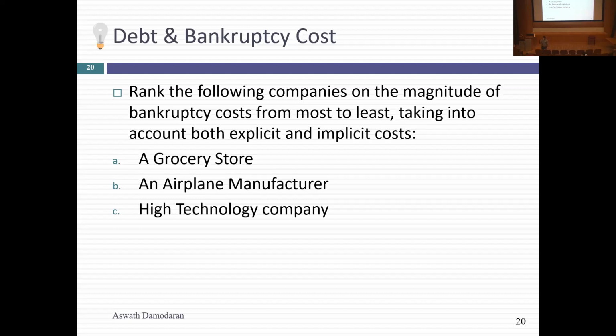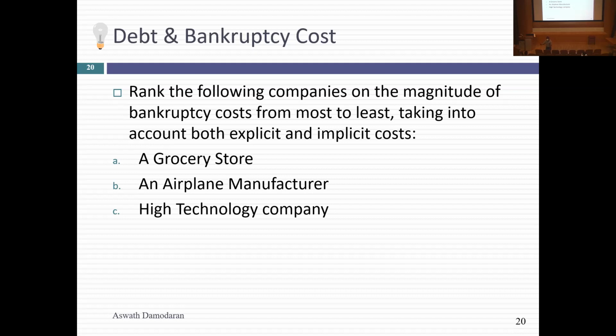So if I were to rank these companies, I would put grocery stores as having the least indirect bankruptcy costs. You should expect grocery stores to borrow more money than an airline, even if the numbers look exactly the same. Technology is in the middle, depending on what kind. Some kinds of technology might not care. When you call your Uber, I don't think I've ever checked whether its financials look more solid than Lyft's, because as long as the guy shows up in 5 minutes and I get home in 35, I frankly don't care if Uber goes bankrupt tomorrow.